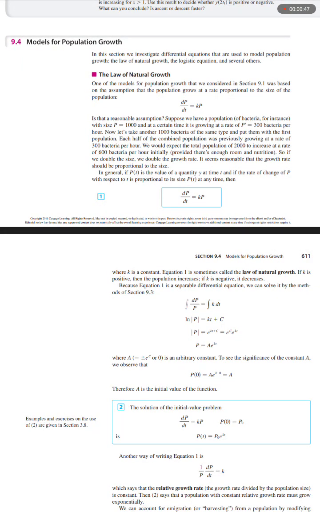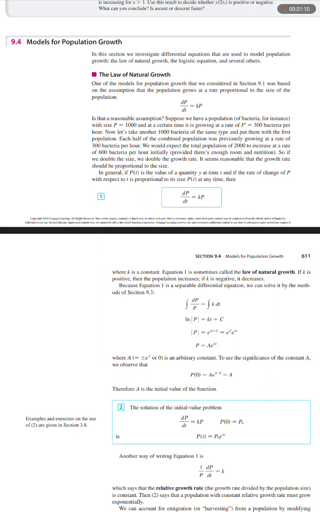Suppose we have a population of bacteria, for instance, with size P equals 1,000, and at a certain time it is growing at a rate P prime equals 300 bacteria per hour. Now let's take another 1,000 bacteria of the same type and put them with the first population.